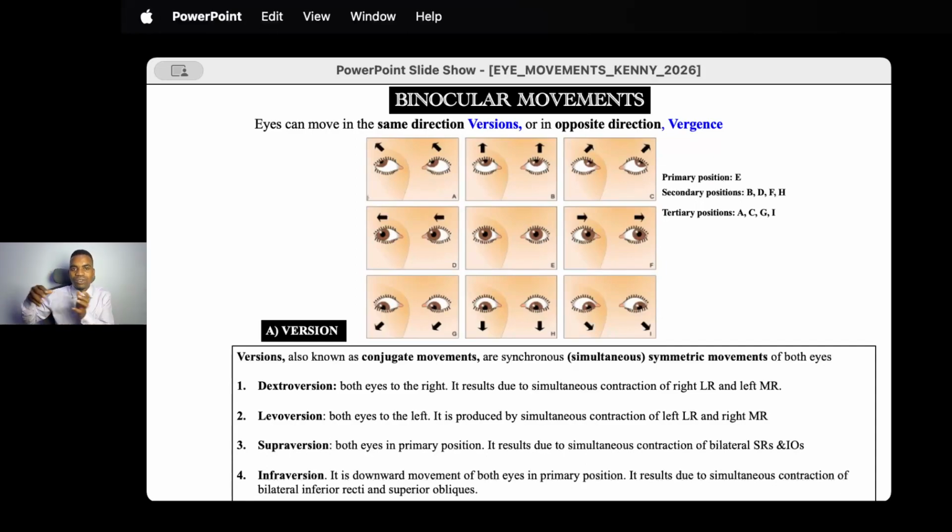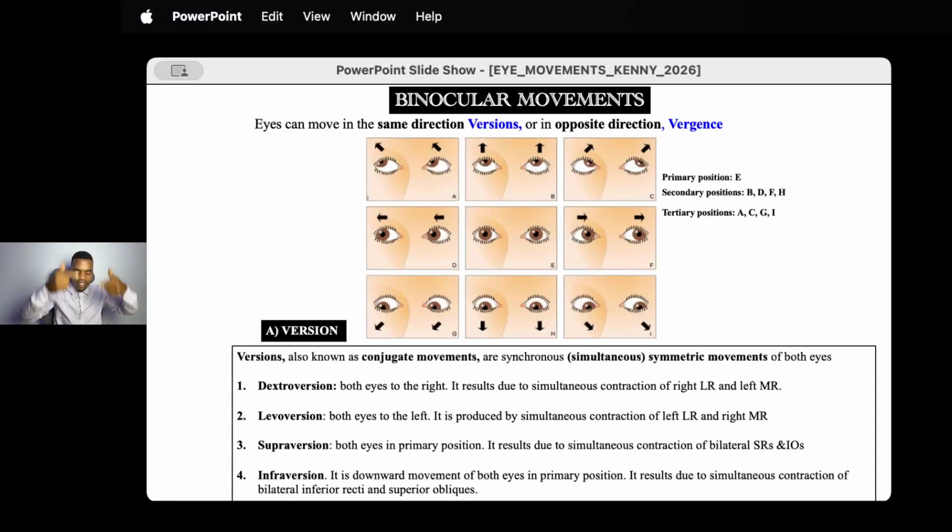So the heart is on the right side. The same applies here. This is just a Latin translation. So dextroversion means the eyes are moving to the right side, both eyes, because the version movement is the movement in the same direction. So both eyes are moving to the right. That is dextroversion. Levoversion, left.